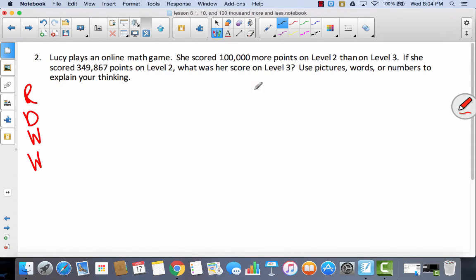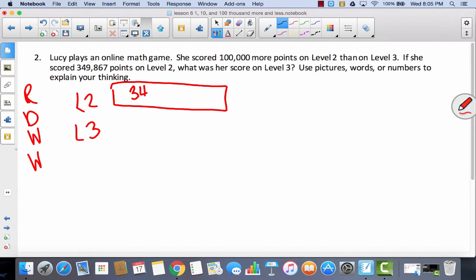Well, since I'm hearing a comparison, I'm thinking we could use a tape diagram. We could compare level 2 to level 3. It tells us here that she scored 349,867 points on level 2. So I'm going to go ahead and label this 349,867 points.